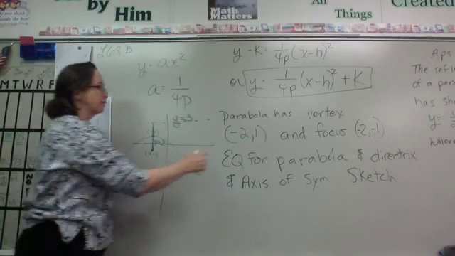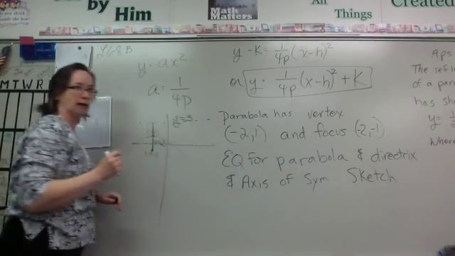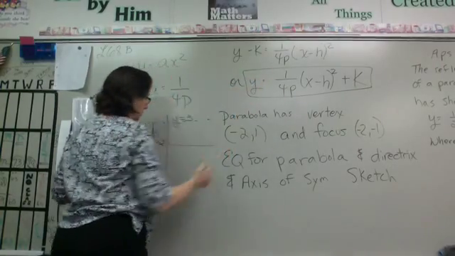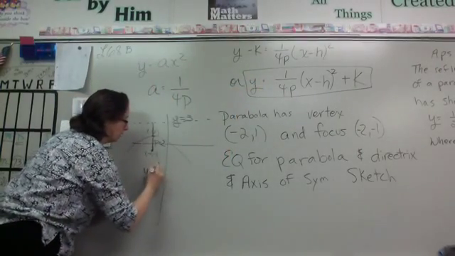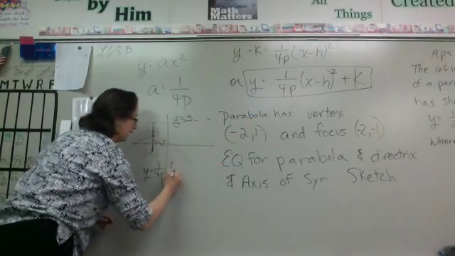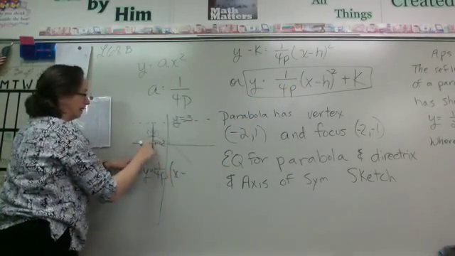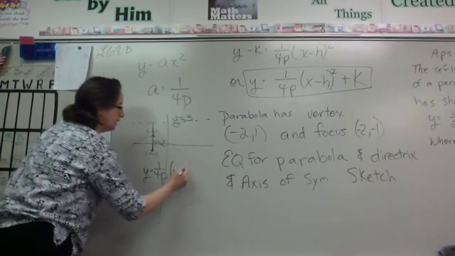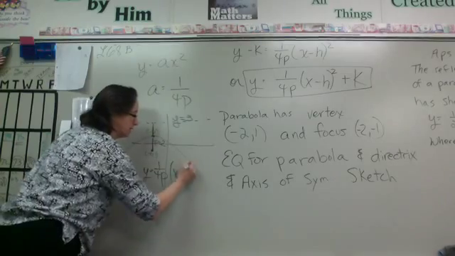Okay? Now it says find the equation for the parabola, and the parabola is going to be a displaced parabola. So we've got y equals 1 over 4p, right? Times x minus h, but we know, here's my vertex, my h is -2, so x minus -2 will be x plus 2, right?